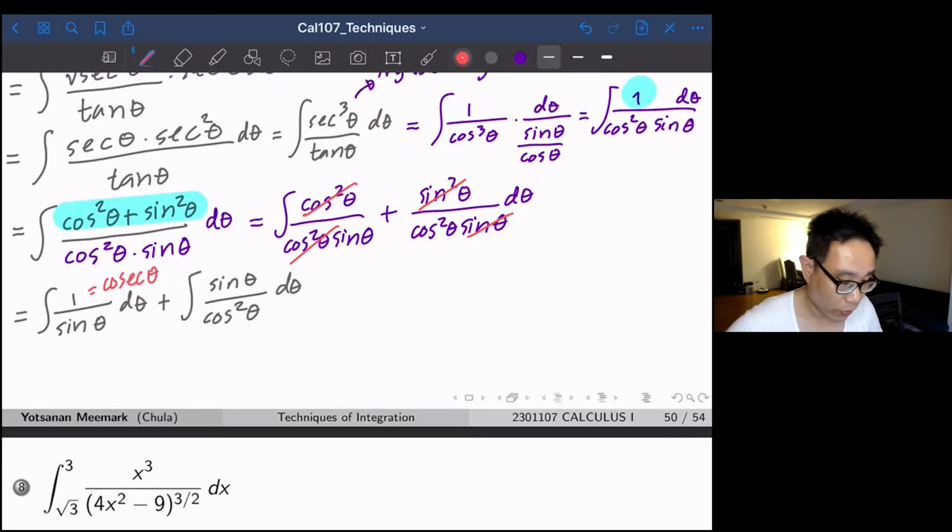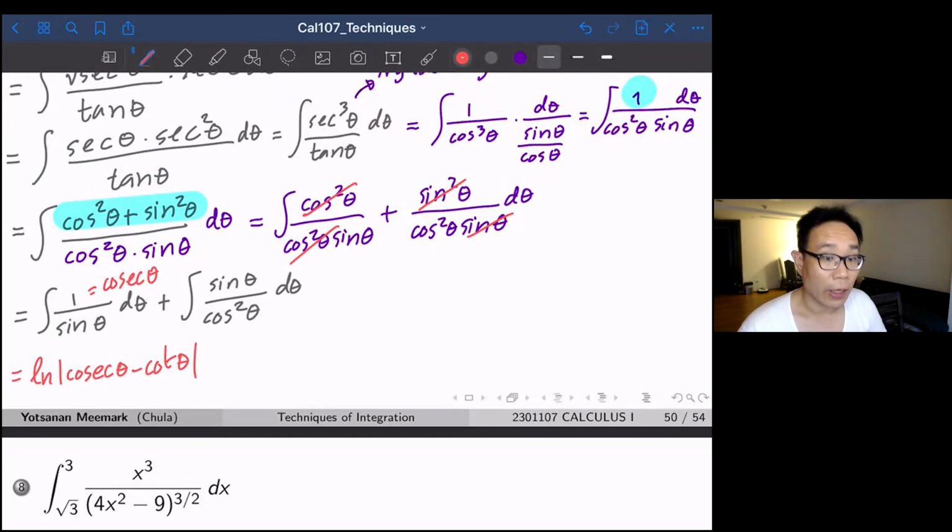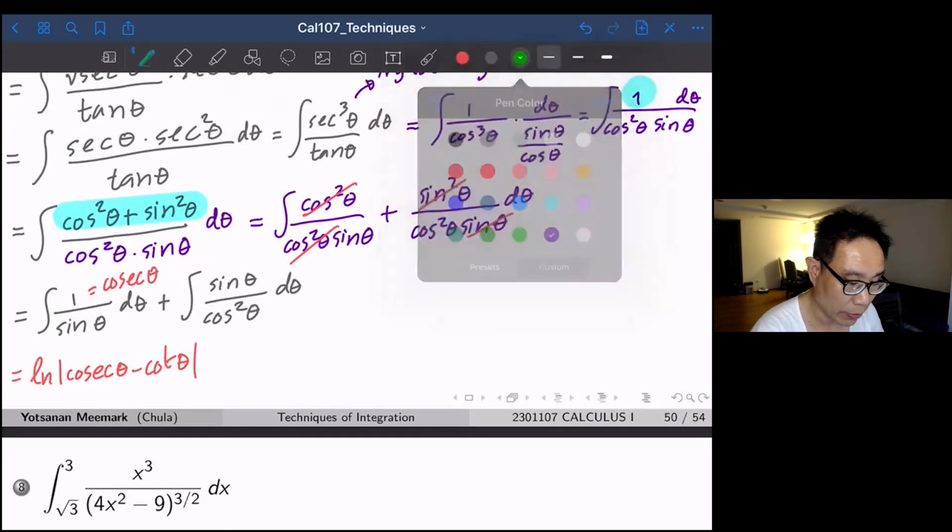And the integral of cosec, you have the formula: log of the absolute value of cosec theta minus cotan theta. So that will be this one. For the integral of sine over cos squared, this can be done by just substitution.